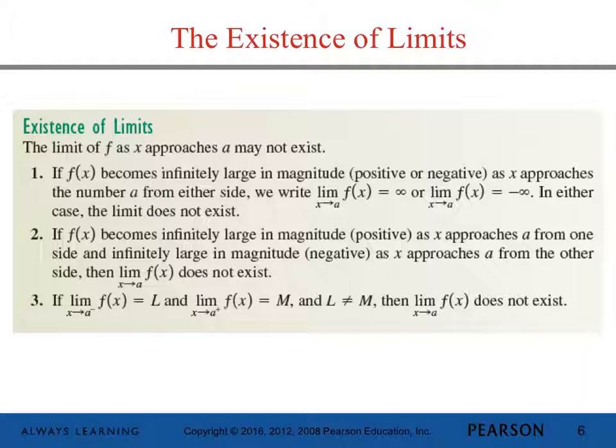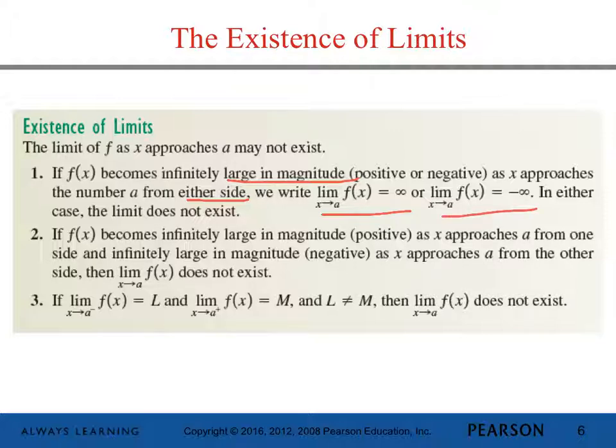So this just summarizes what it takes for a limit to exist. Basically, it says that if f of x becomes infinitely large in magnitude, positive or negative, as x approaches a number from either side, then we say that the limit is either positive infinity or it's negative infinity.